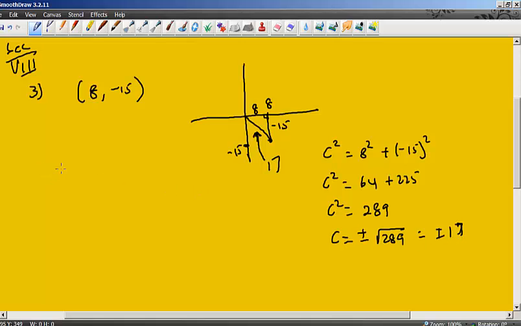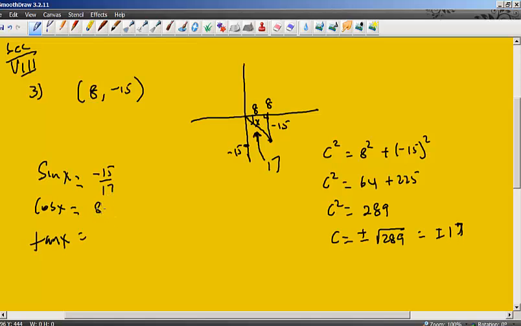Now we can write all 6 trig functions. Let's call this angle x. So sine of x, cosine of x, tangent of x. Let's find those 3 first. The other three are going to be easy. Sine is opposite over hypotenuse, which is negative 15 over 17.